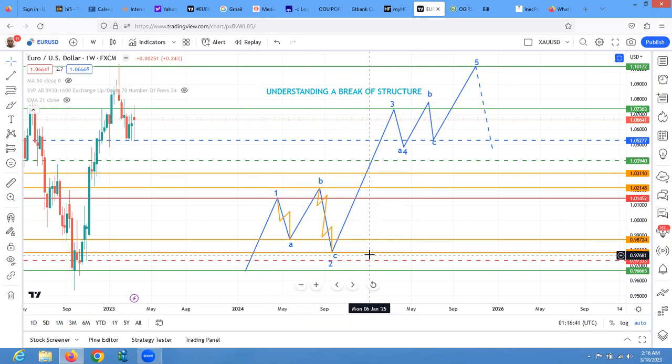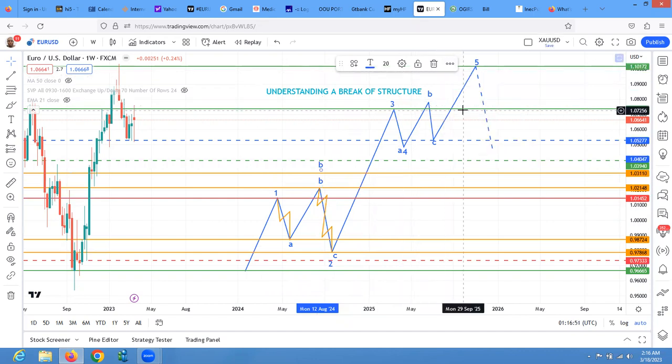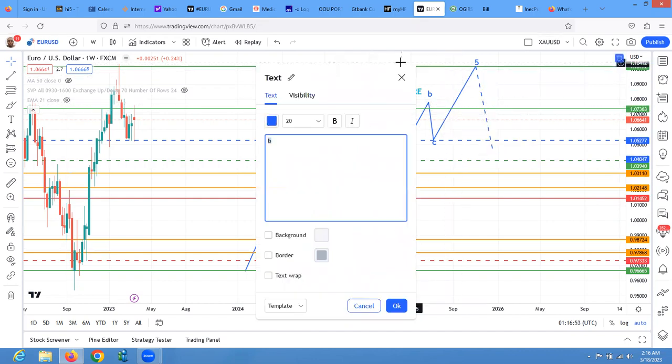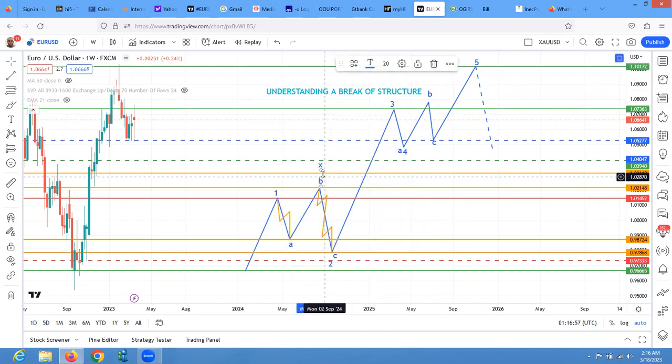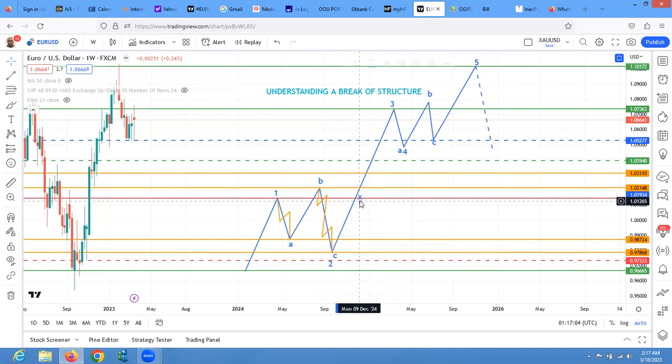You must be able to count the kind of wave it is doing to know that this has not finished itself. So X, like I said, should not go beyond this place, in case you want to have a complex correction.